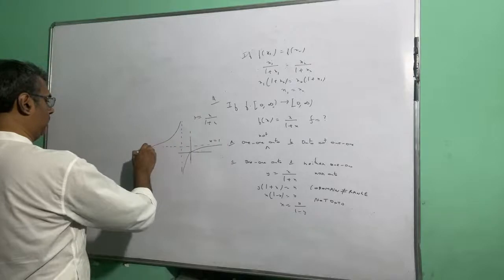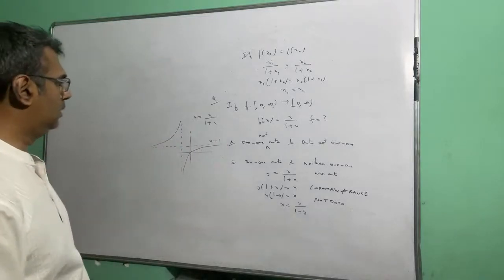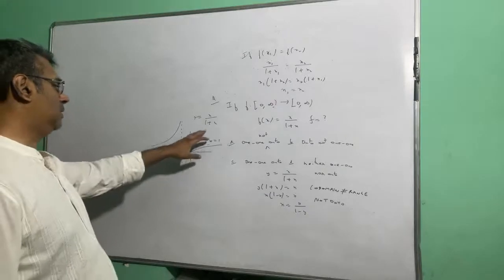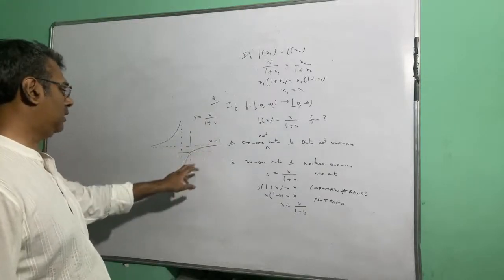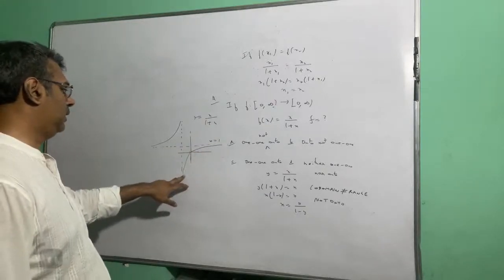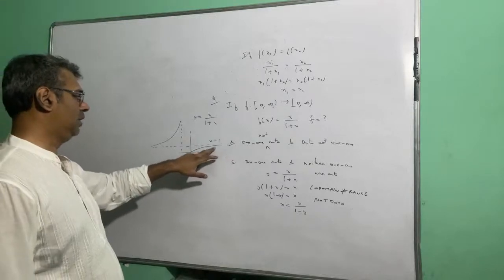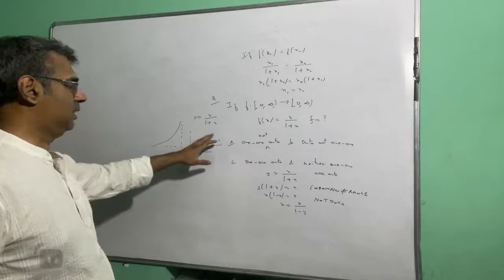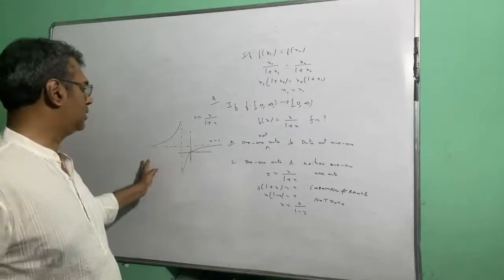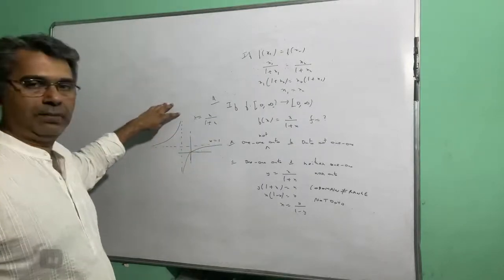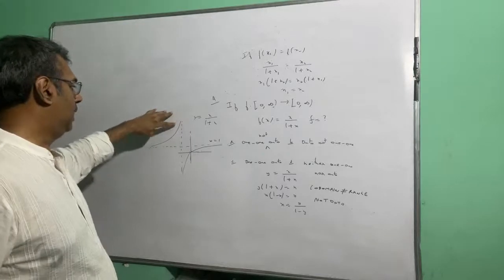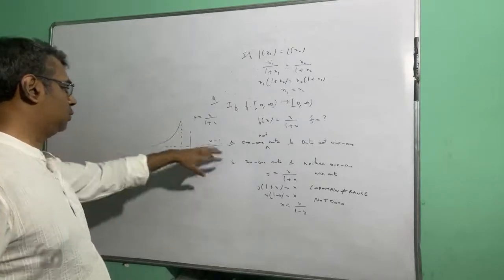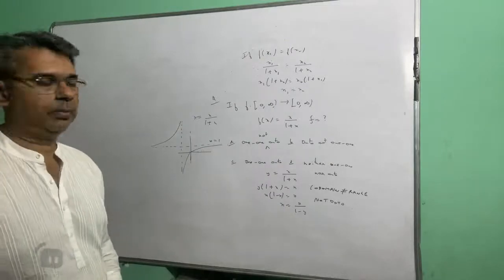This is the graph. When x is slightly more than minus 1, it will start from minus infinity. Like I said, it will cross at origin, and when x tends to infinity, it will become 1. When x is slightly less than minus 1, then it will start from positive infinity, and when x is minus infinity, it will again become 1. So the graph has two non-intersecting branches.